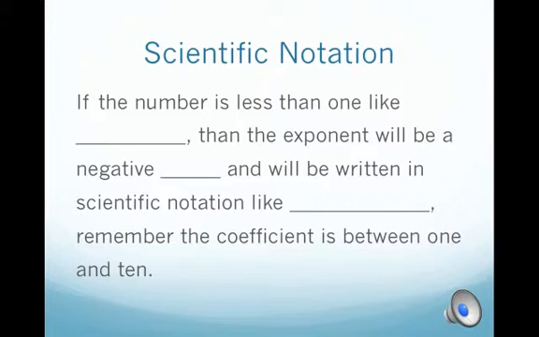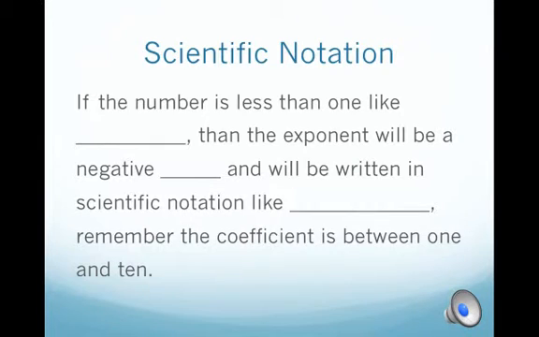Sentence frame 4. If the number is less than 1, like blank, then the exponent will be a negative blank, and it will be written in scientific notation like blank. Remember, the coefficient is between 1 and 10.